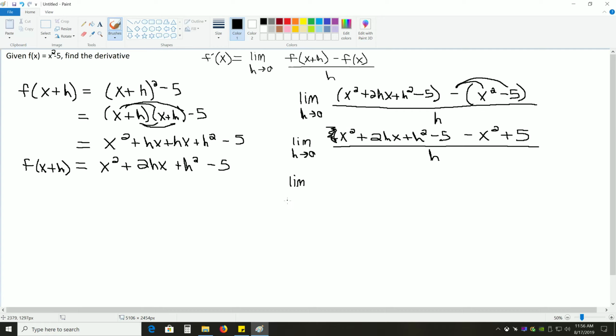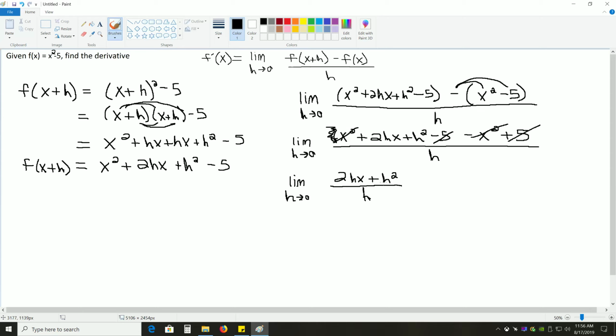At this point, we can start simplifying our like terms. So again, we have the limit as h approaches 0 of x squared and negative x squared cancel out. Negative 5 and positive 5 cancel out, leaving us with 2hx plus h squared all over h.